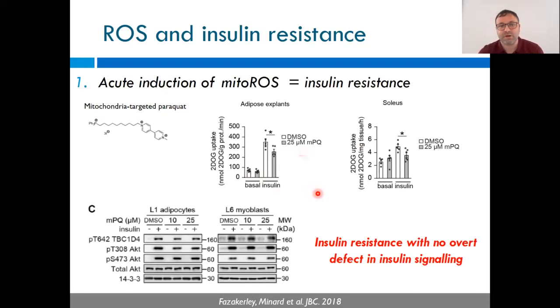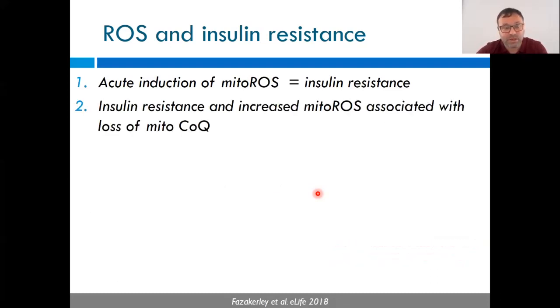So this provides us a nice model where we can try to understand the site of insulin resistance. Is this an event in insulin signaling we're not measuring, or is this more specifically a defect in GLUT4 trafficking and not a problem with insulin signaling? These are studies we're going to undertake soon, I hope.